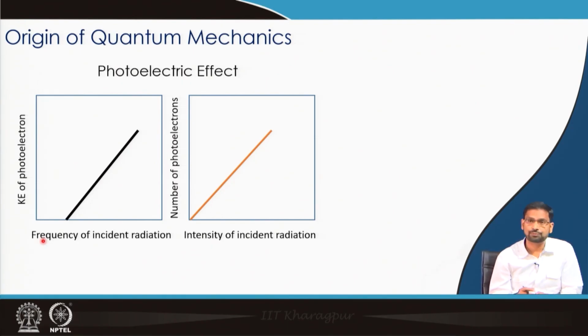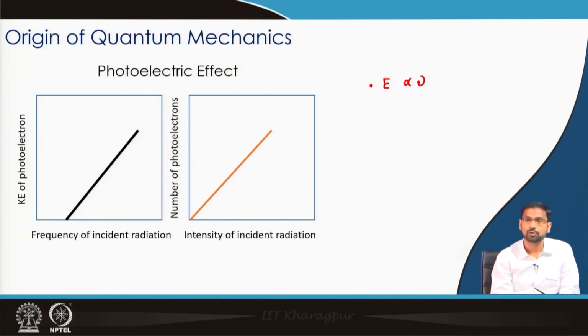This is where Einstein comes into the picture. Einstein proposes that we can explain these things, but for that we have to make some assumptions again: that the energy of this radiation is proportional to frequency, very similar to what Max Planck proposed in his black body radiation.